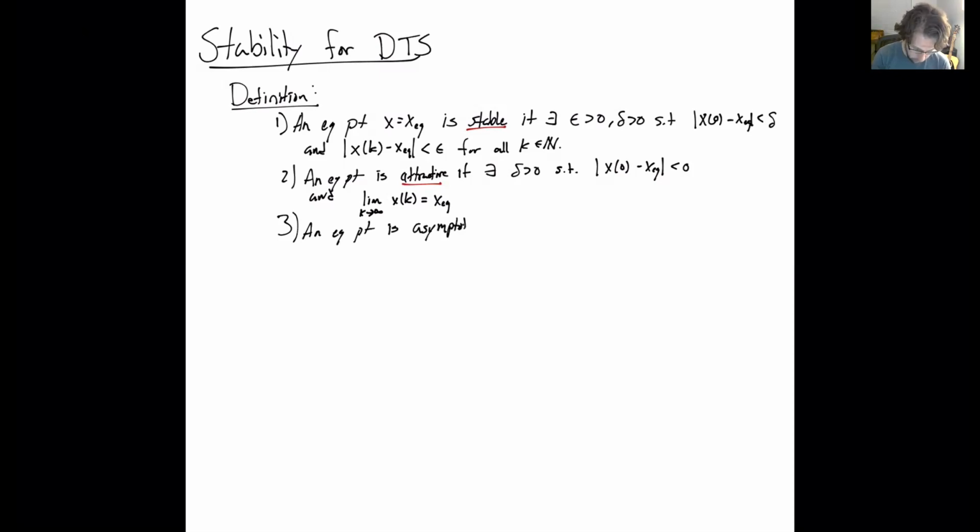Now this is in the local sense, right? Because we're bounding the initial conditions. If it's attractive and stable.